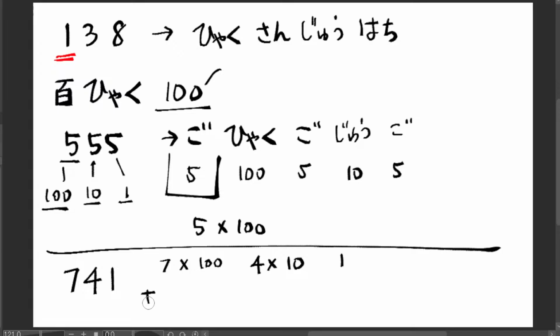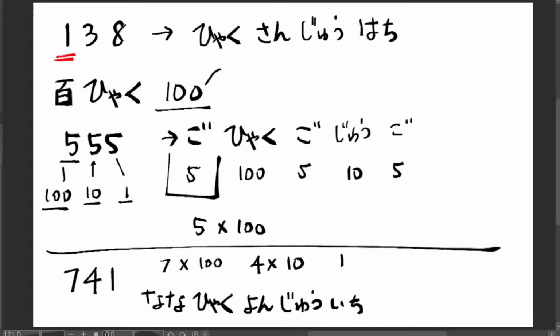So 7 is nana, and you put hyaku, and then you have 4, yon, and then you have 10, ju, and you have 1, ichi. So it reads nana hyaku yonju ichi. I think it's quite simple. It's not that hard to remember how you say the numbers in Japanese.